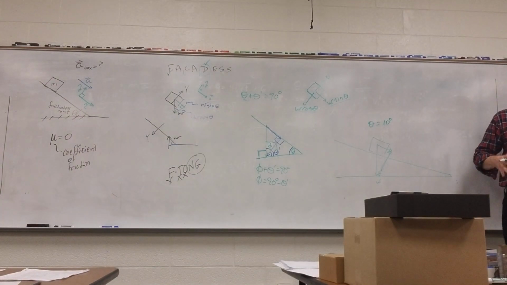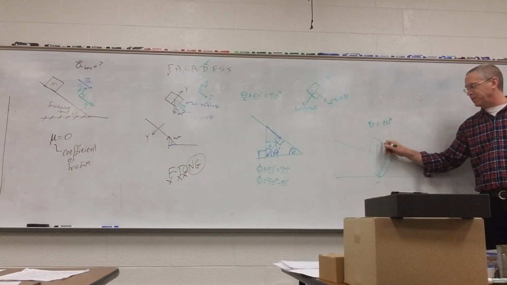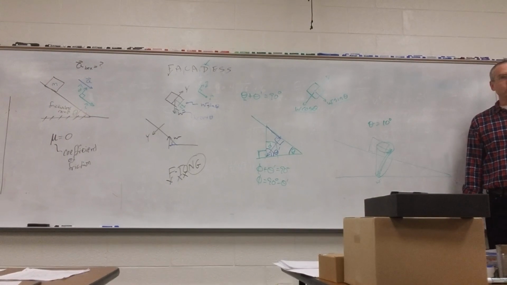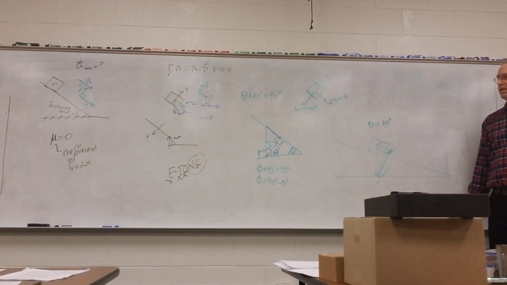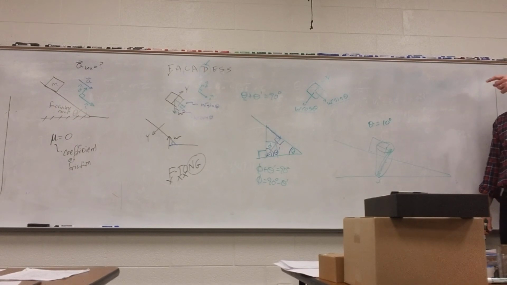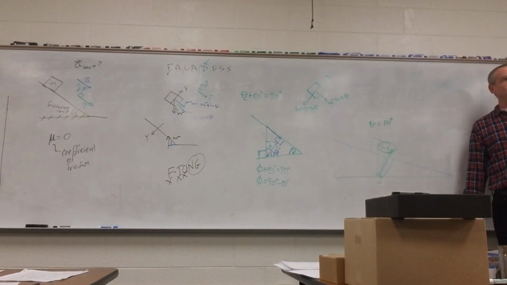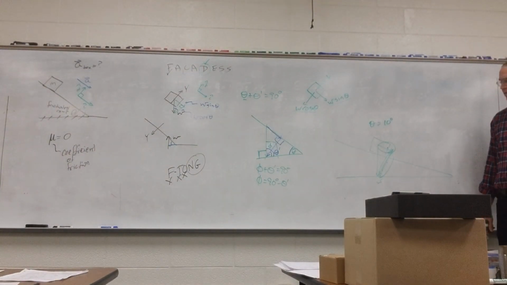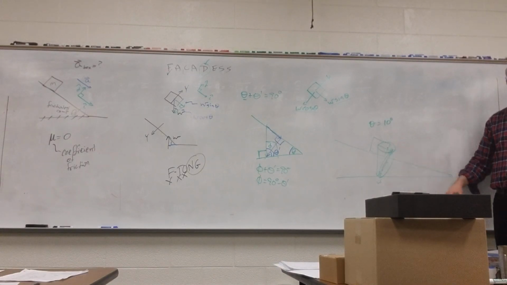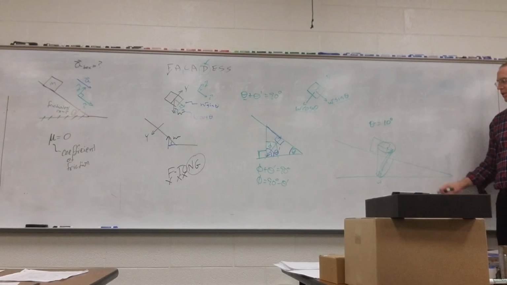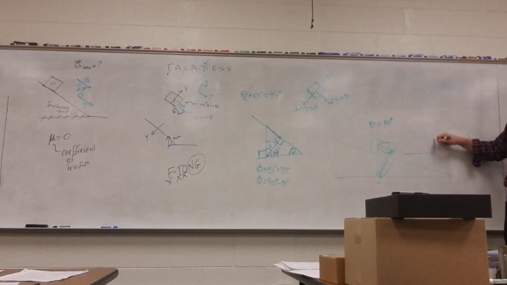Just drawing it proportionally, I see that this is bigger than that. So if my angle is under 45 degrees, this is going to be bigger than that. If I know one of them is going to be the weight times the sine of theta, and the other one's going to be weight times the cosine of theta, I can just look at it and go, well, the bigger one is this, the smaller one is that. If it's steeper, say something like that, so theta is 90 degrees.